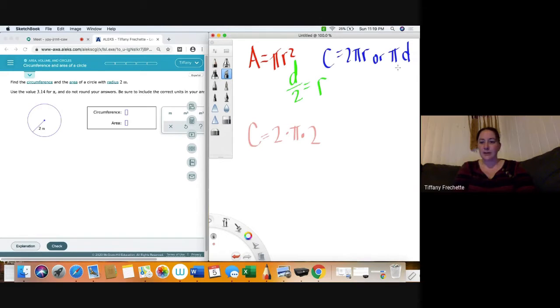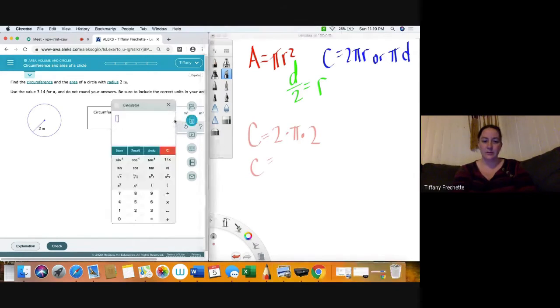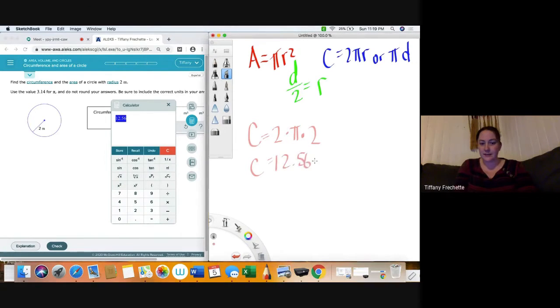If they'd given me diameter, or d, then I would use pi times d. So I'm going to go 2 times pi times 2, and I get 12.56 meters. Remember, it's just a length, so it's not squared, it's just meters.